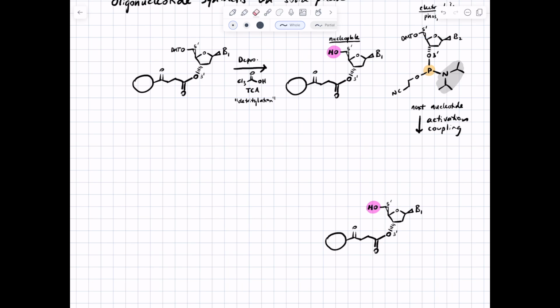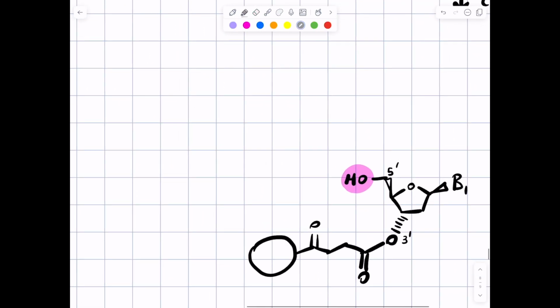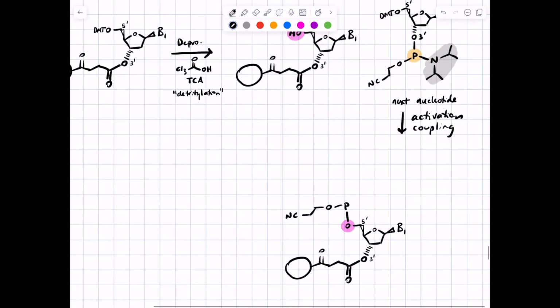We have a new bond between what used to be our nucleophile and the phosphorus. Now, if you're following along at home, we've made the new linkage between the first nucleotide and the next nucleotide.